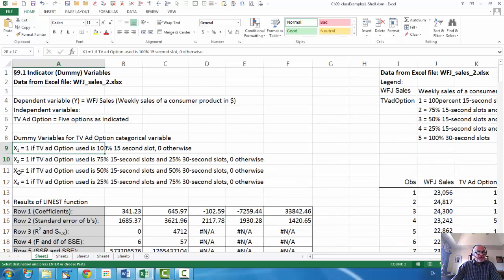Okay, these 4 dummy variables combined together represent the TV ad option. So either all 4 of them together will be significant, or all 4 of them together will not be significant. You cannot separate them and do an individual t-test for each of these, 1 through 4. That has no meaning at all.